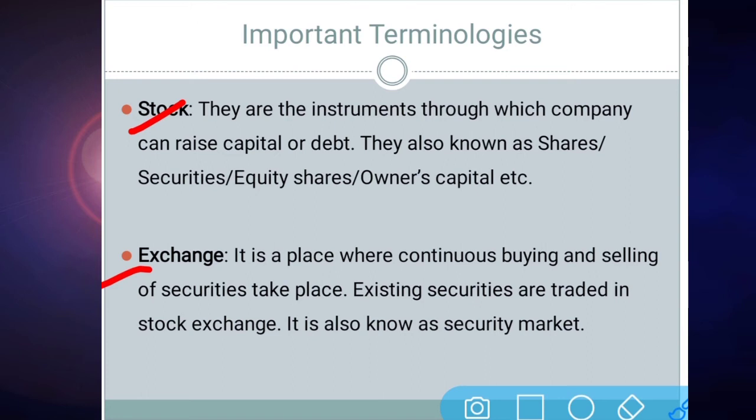So if a person has some securities, he has invested in some company's shares, and if he wants to sell those shares, at that time he needs to go to the exchange. Exchange is a place where he can sell or buy further securities. It is also known as the security market.